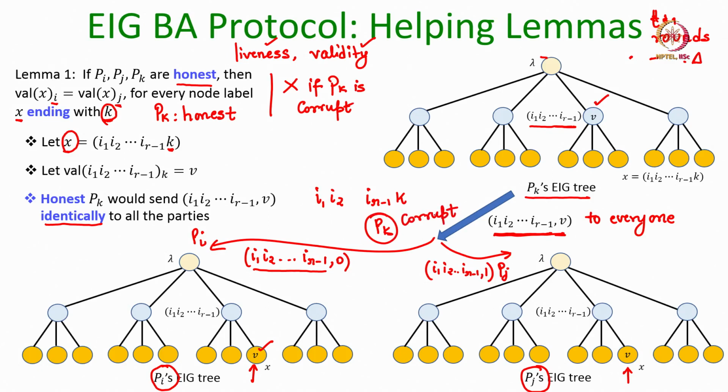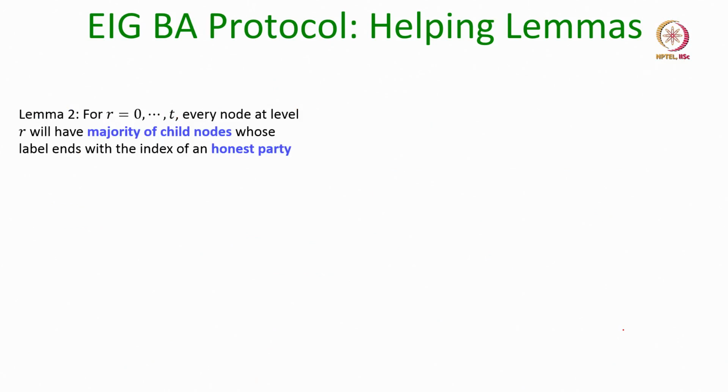Due to this, pi may end up assigning the value 0 to the node with label x and pj may end up assigning the value 1 to the node with label x. But we are talking about the case when pk is honest. If pk is honest, it will send the same v, due to which this will not happen.